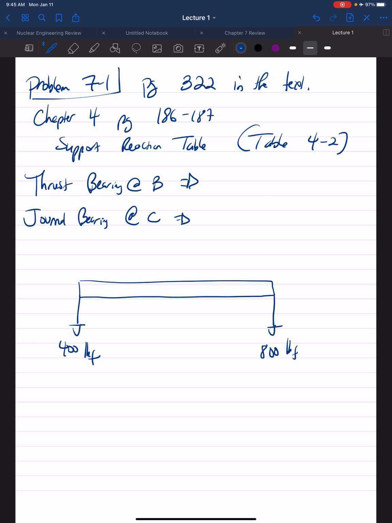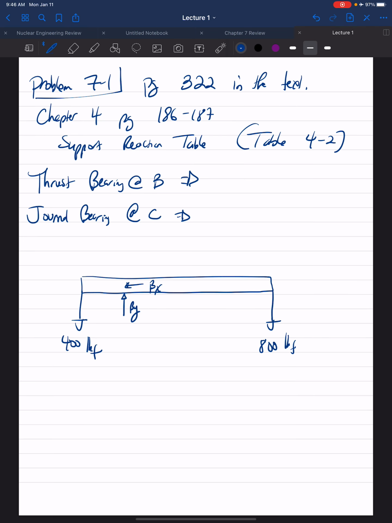We have to account for our X and Y components. So Bx and By. C, the journal bearing, we just have to account for our vertical support.